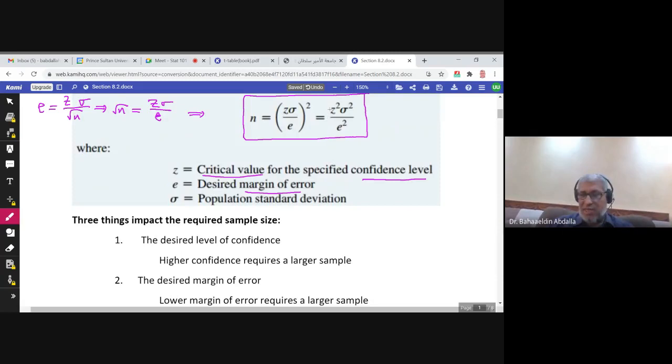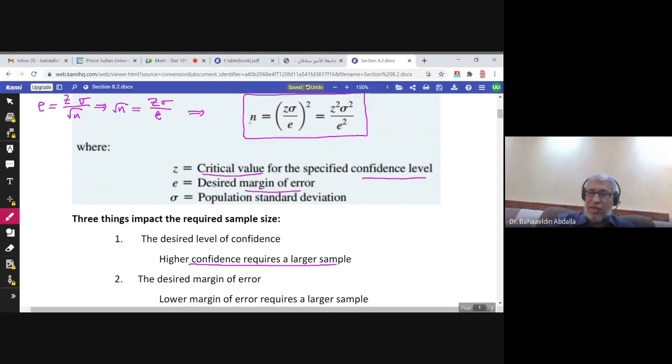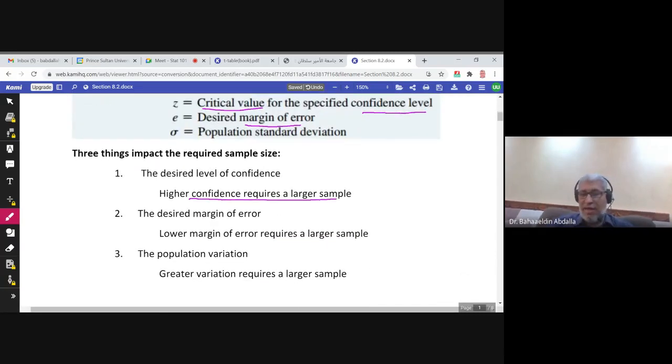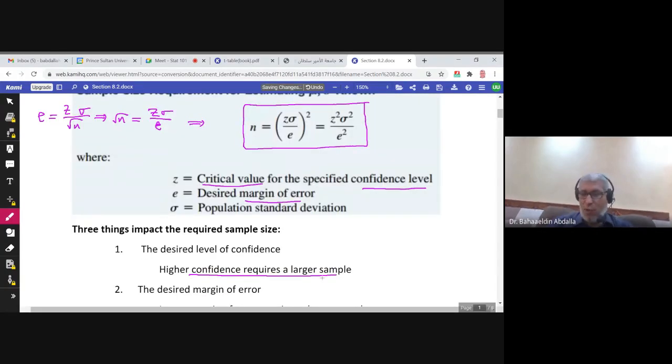If you increase z by increasing the confidence level, n would be increased. So a higher confidence level requires a larger sample because z is in the numerator. Also sigma, if you increase sigma, n would be increased. So greater variation, sigma, would require a larger sample, while e is in the denominator.